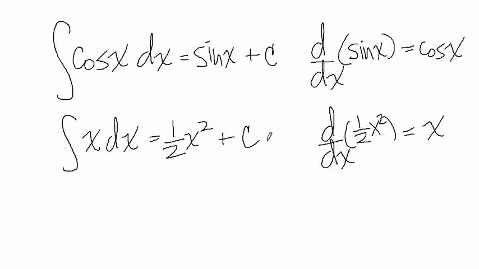But first, I want you to do two examples. All right? So make sure you understand what I just said. Make sure you understand the game that you have to play, the question you have to ask in order to calculate the antiderivative of a function. Okay? And now let's go ahead and try two more examples.